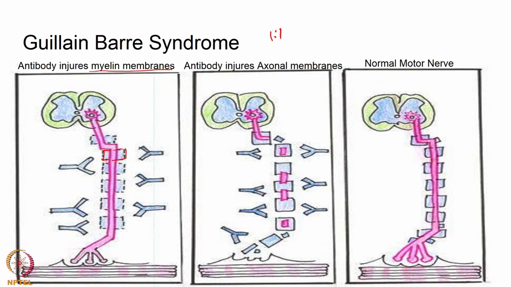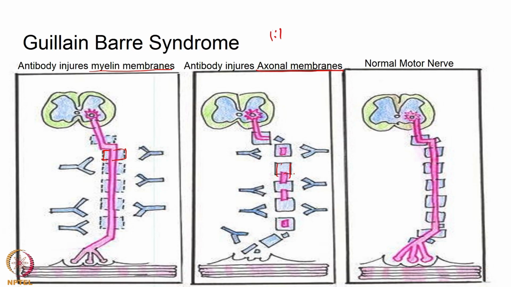When this affects layers of myelination, and when this affects the axonal membranes, basically what you have is broken axonal membrane. This prevents communication from one point to another in the peripheral nervous system, essentially leading to weakness and paralysis.